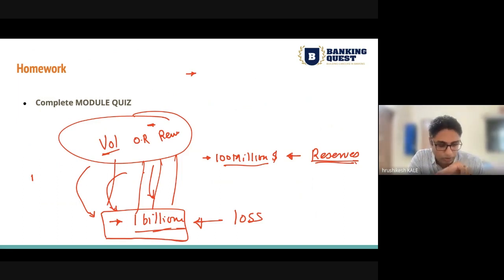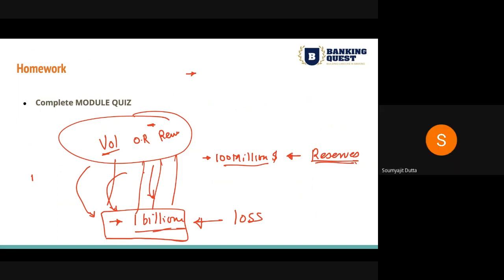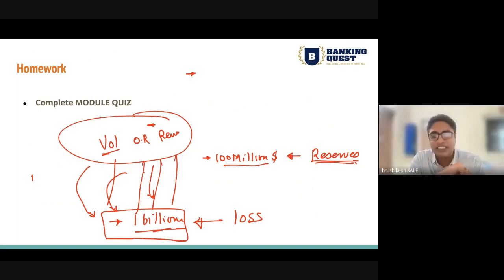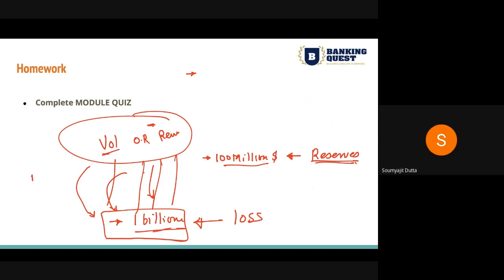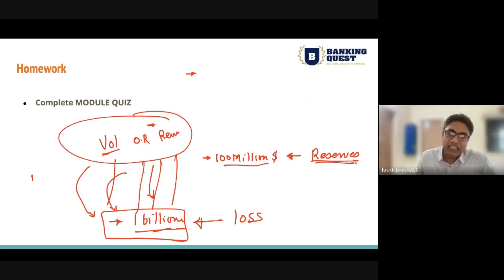You understood what I'm trying to tell you? So first we decide the amount, then we go for the testing part, then we go for reverse testing. So in stress testing, we first decide our volatility. Let's say in the last 10 years, maximum volatility was 15%, so take 15%.